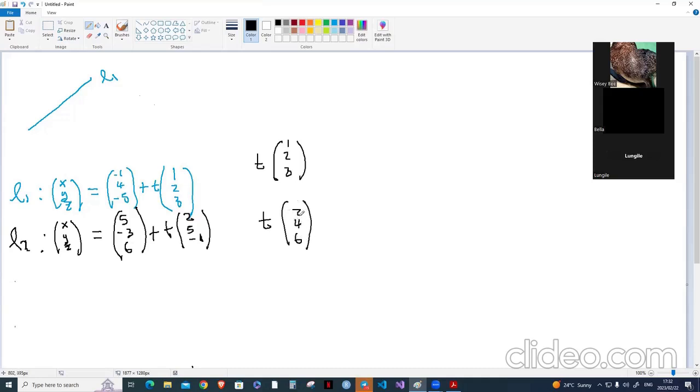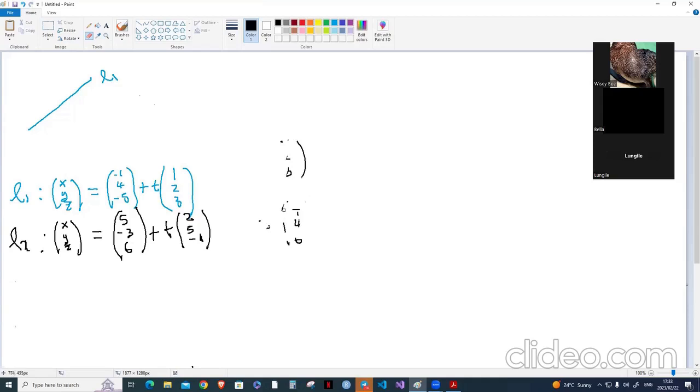You see this one is a multiple of this one; they multiplied by 2 and got this one. So these lines would be parallel, but in this case they are not, as you can see.